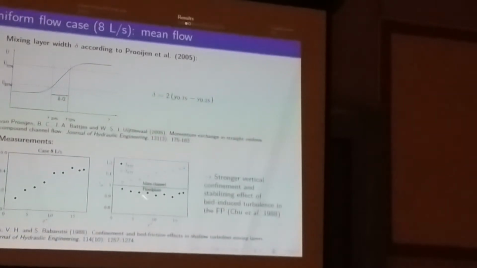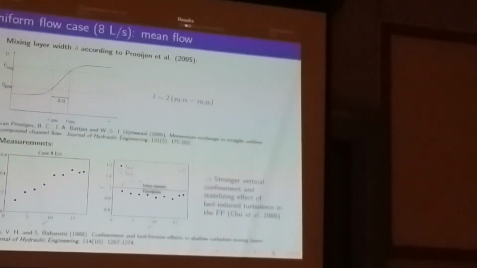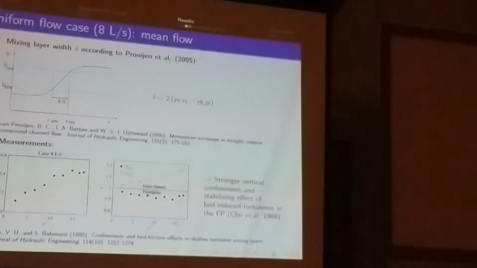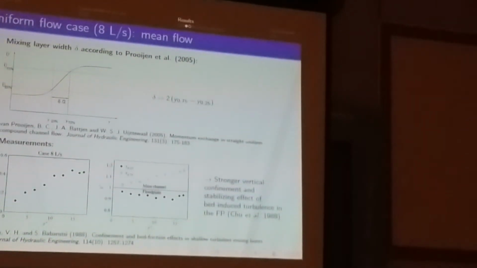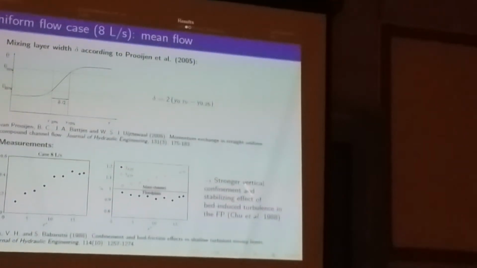What do you see on these two lateral boundaries? There is no stabilization of the mixing layer in the main channel. It is still developing until the last measuring station, but here this is quite stable. And I give the explanation here.